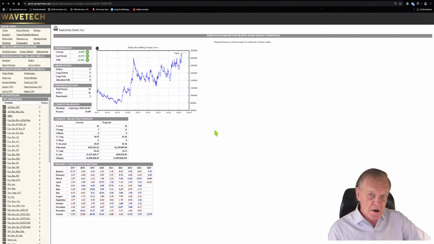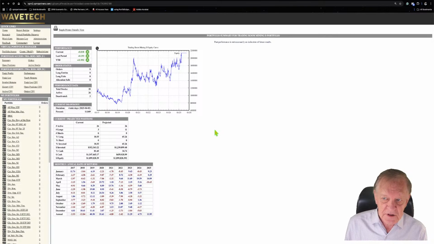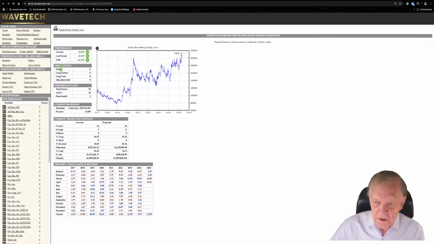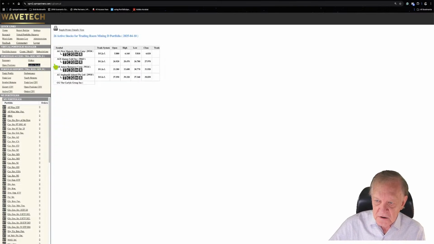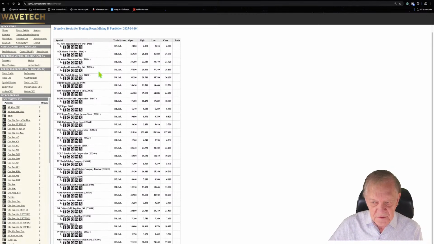I'm going to walk you through some components, and then I'm going to come up for some final comments. This is just mining stocks, right? If we went through the active stocks here, here's AG First, Majestic Silver, AGI, just all mining stocks.